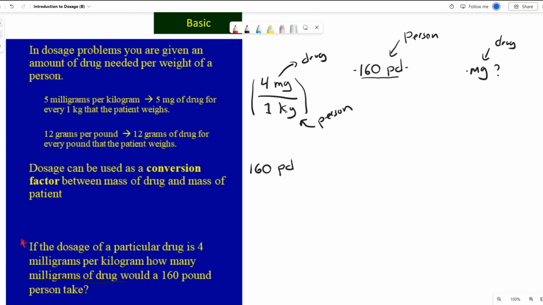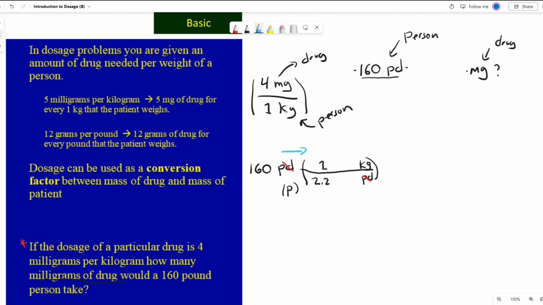I'm going to put it under the parentheses here, P for person. That 160 pounds, we're going to convert that person's weight into kilograms. Okay, so if we have pounds down here and kilograms up here, the pounds will cancel out. And we know that it's 2.2 pounds for every 1 kilogram. So now we're set up so that pounds and pounds cancel out.